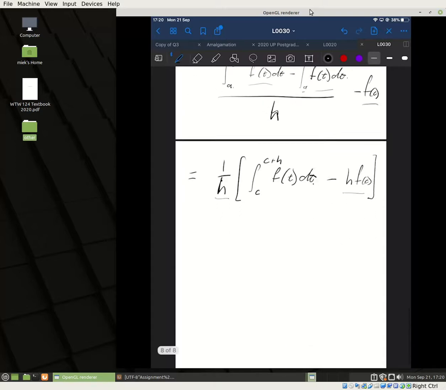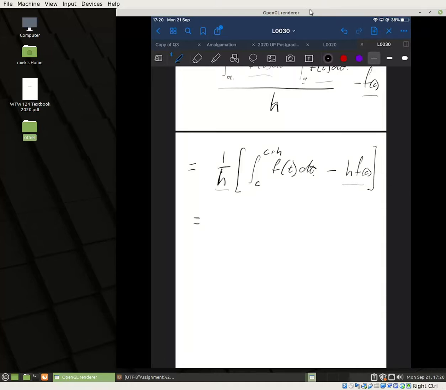But now I'm going to write this f(c) in a different way: as the integral from c to c+h of f(t) dt minus the integral from c to c+h of f(c) dt.